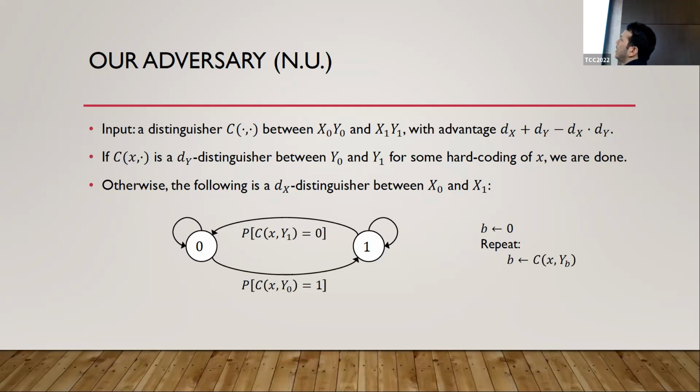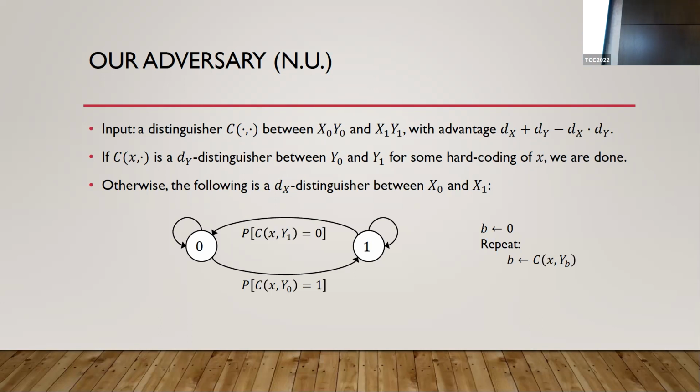Now, the more interesting case is what happens if this hardcoding doesn't work. In fact, what we can show is that if the hardcoding doesn't work, then the following is a good adversary, a distinguisher between x0 and x1. So how does it work? We want to distinguish between x0 and x1. We get as input a value x, and we want to know where it came from.